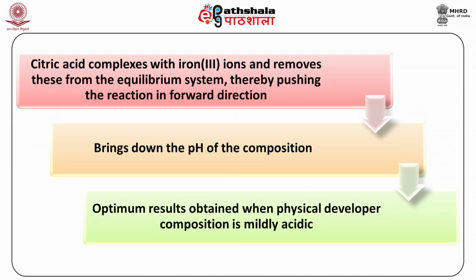You see, citric acid complexes with iron ions and removes these from the equilibrium system, thereby pushing the reaction in the forward direction. It also brings down the pH of the composition. Optimum results are obtained when the physical developer composition is mildly acidic.